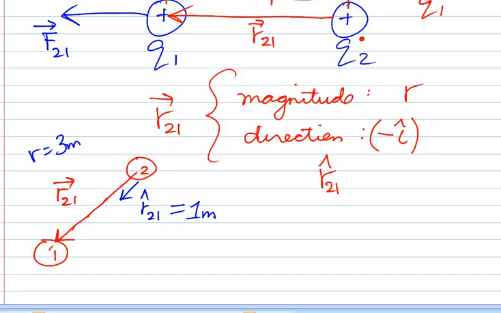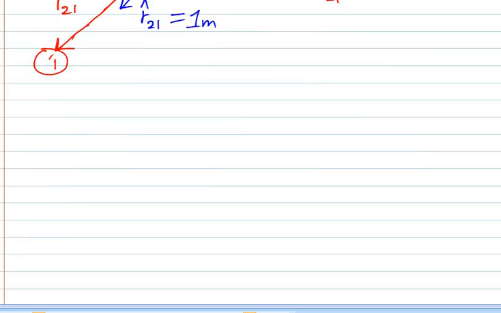Okay, so this is kind of weird. It's probably best to see this in an example, but there's one more thing that we have to do. We have to say a little bit more about what r hat 21 really means. Now this is a definition, and if it's kind of out there, you can just smile and nod for now.